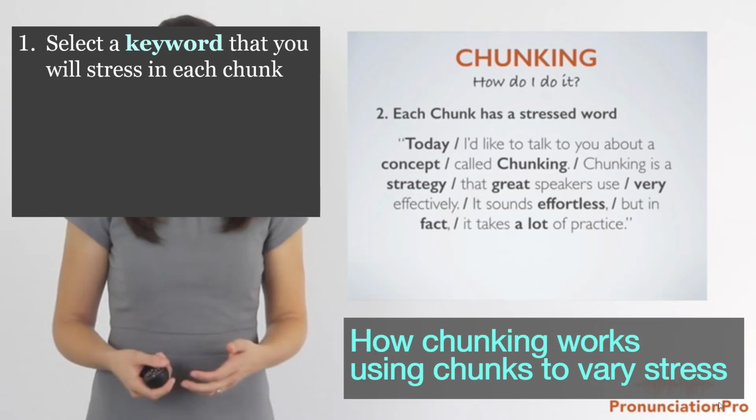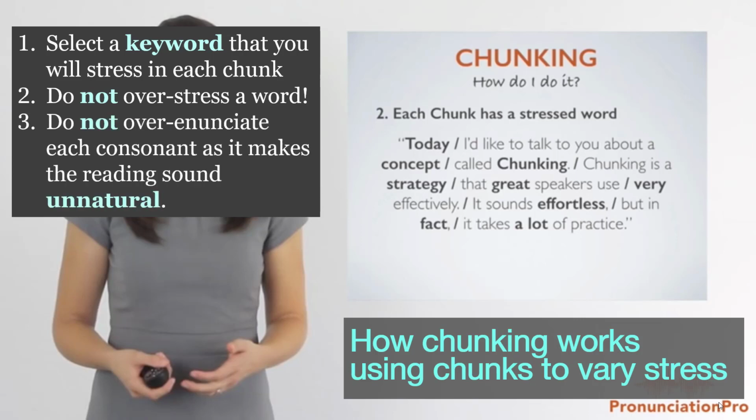So you find the most important word that you feel is important when you're talking to someone and emphasize on that. Do not overstress a word, otherwise you'll be unnatural. And do not over enunciate each consonant, because that will also make your reading sound unnatural.